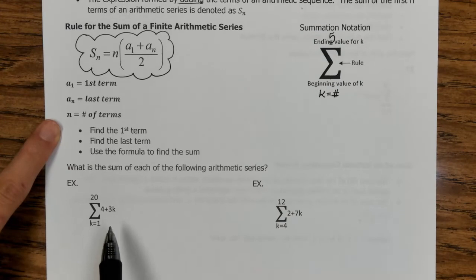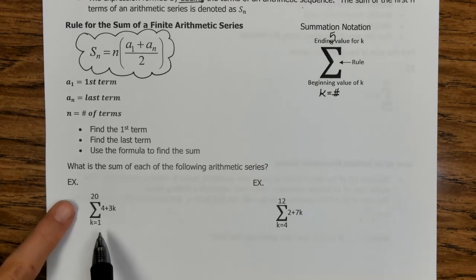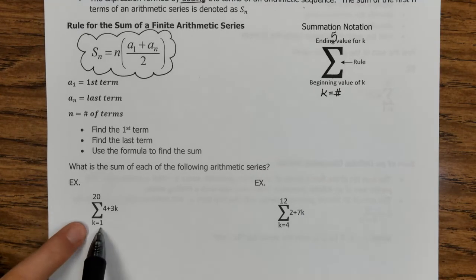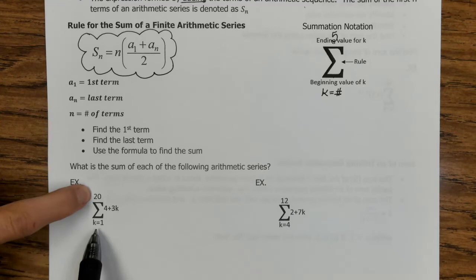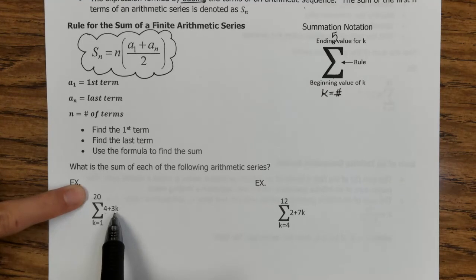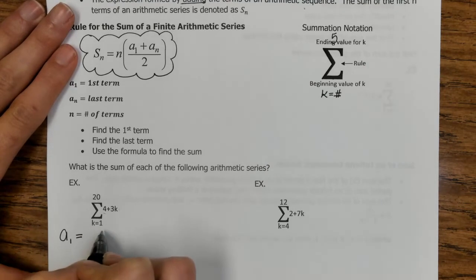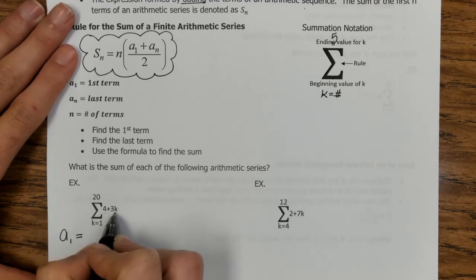So if I'm giving you summation notation and I'm asking what is the sum. So 1 will be my starting value of k, and then I'm going to stop at my 20th term. Okay? And then my equation is 4 plus 3k. So we need to find the first term first. So I'm going to find my A1 by plugging in 1 for that k.